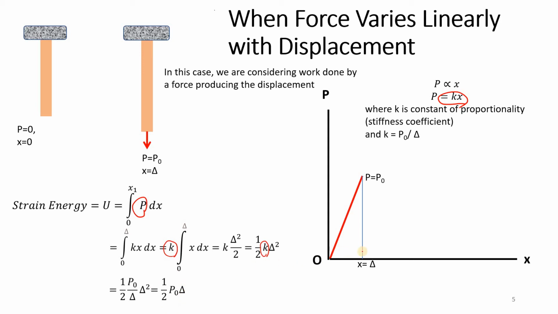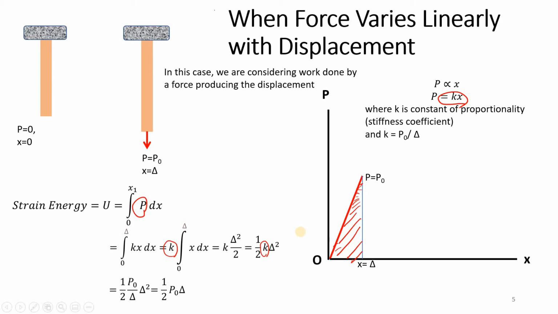And this half P naught into delta is basically the area of this triangular shape. So it is the area under the load displacement diagram. We could do it by using the integration method, or we could do it by considering the area under the load displacement curve. In this case, it's a straight line.